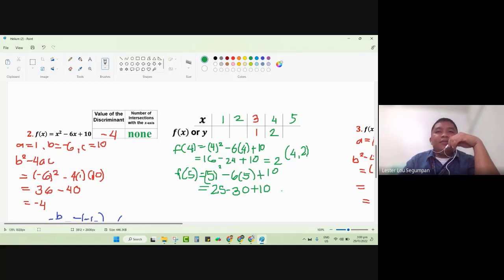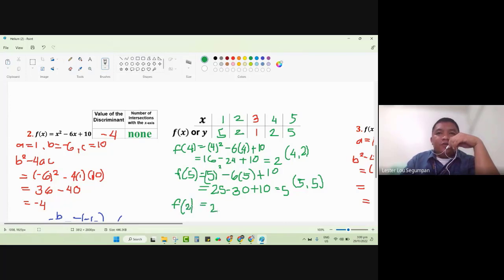That's 35 minus 30. You will get 5, and hence your second point, other than the vertex, is 5 and then 5. So you will have here 5 and 5. Same as earlier, we are expecting this to be 2 and this is 5 for it to be a pattern. Let's further clarify it. f of 2.